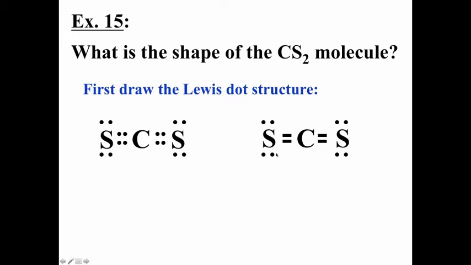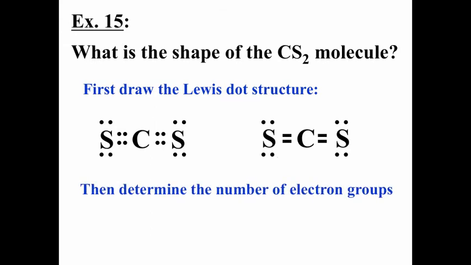And now, if we determine the shape of the molecule, we want to first of all find out how many electron groups there are. And in this case, there are 2 electron groups. And note that a double bond counts as 1 electron group. So this is a group of electrons. There's a second group of electrons, and we only worry about electrons that are around the central atom.